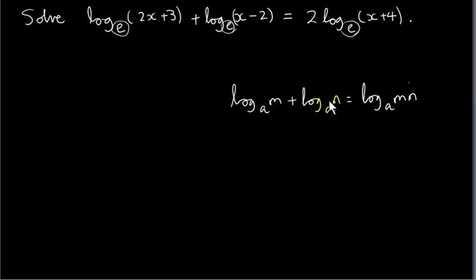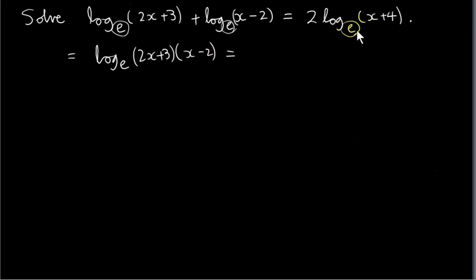So we multiply the arguments when we're adding these log terms. So this becomes log to the base e of 2x plus 3 multiplied by x minus 2. So m is 2x plus 3, n is x minus 2, and we multiply the arguments.